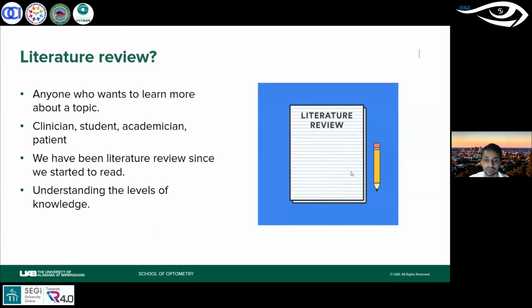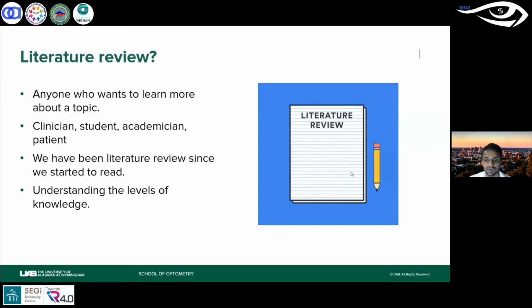Since you've started reading, you've been reviewing the literature that has already been printed to understand where we currently stand. And the final point again is understanding the levels of knowledge. We have been doing literature reviews since we started to read, but when we were young, we were understanding how words are formed, like a 3-letter word, 4-letter word.